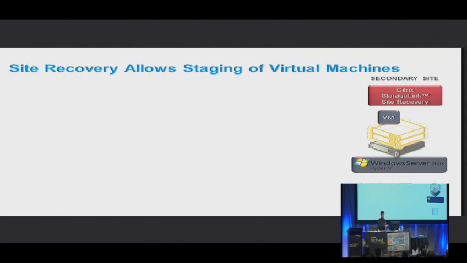The other type of functionality that you can get out of site recovery and storage link is the ability to test your DR quite easily. What you can do is, on the secondary site, you've already got your managed storage repositories, your virtual machines, which are mapped and protected through site recovery.